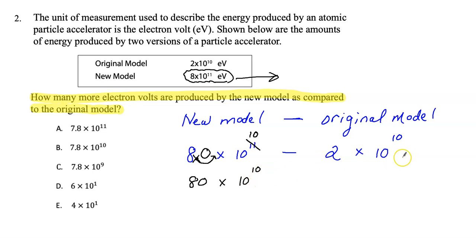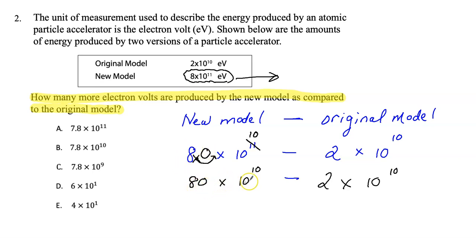Now I'm going to bring this piece down right here. So bring your minus sign down. Bring this piece down, the 2 times 10 to the 10th. And now my exponents are the same here and here, so I can subtract without a problem. And here's how I think it through.